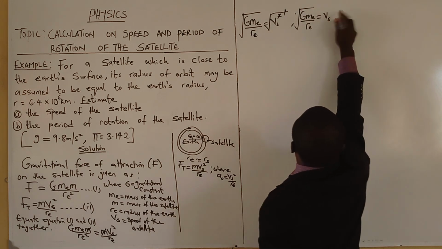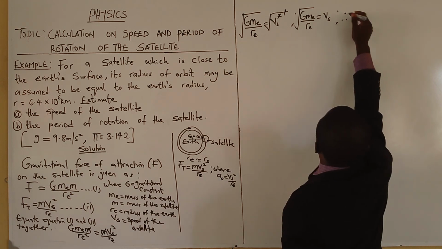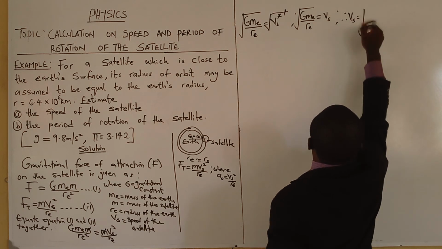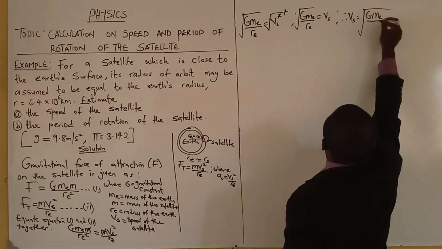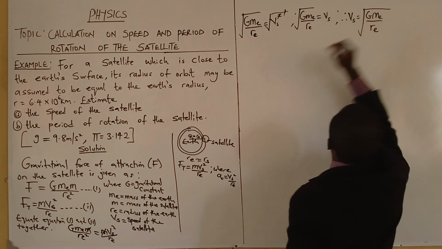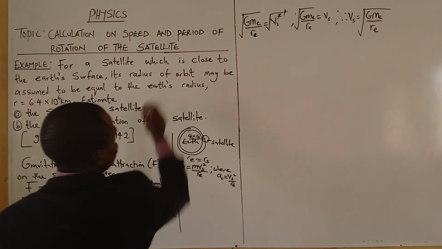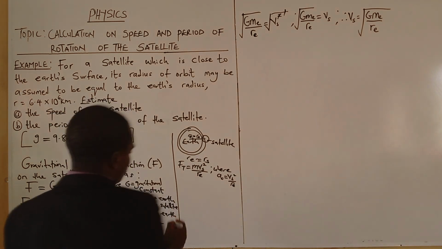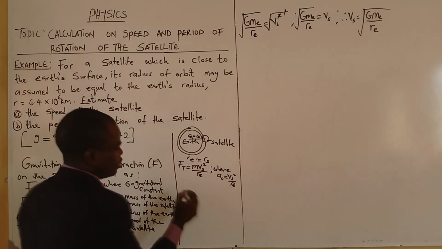Therefore vs equals the square root of G ME over RE. Don't forget that in this question we don't have the mass of the Earth, and there's an expression from our last class.